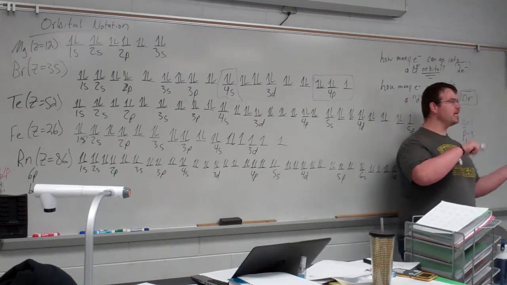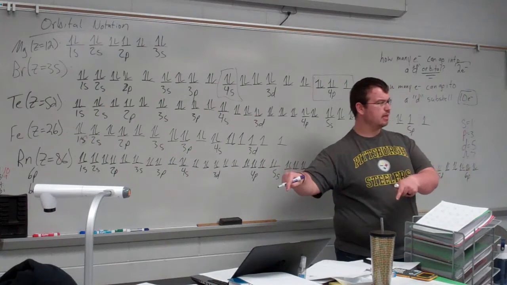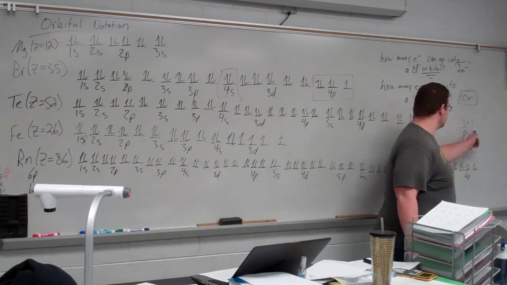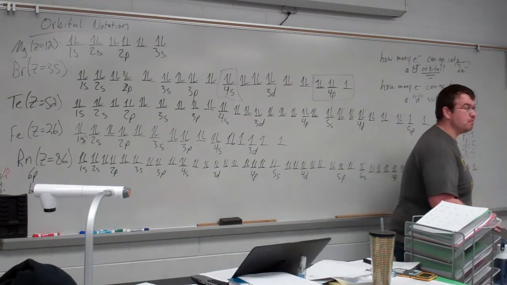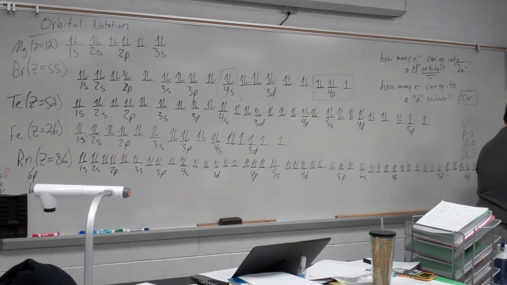How do I know how many electrons can go in that subshell? It's literally the orientations, which is just those orbitals in there, and you multiply it by how many can go in an orbital, which is 2.